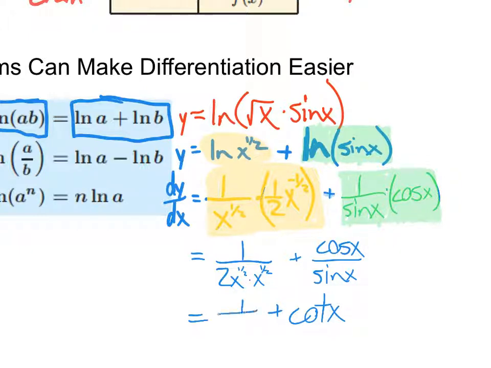So this is 1 over 2x. So 1 over 2x plus cotangent x. That's it. Yeah, you should simplify that stuff. Okay? Does that make sense?